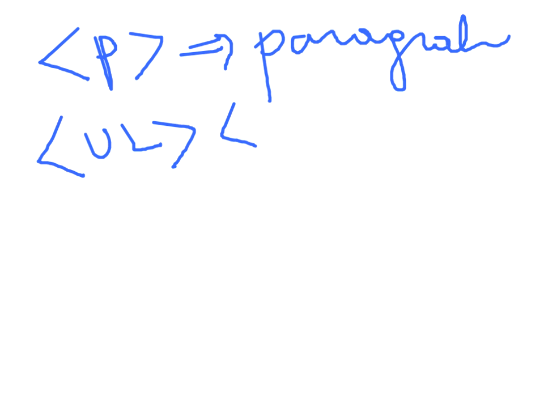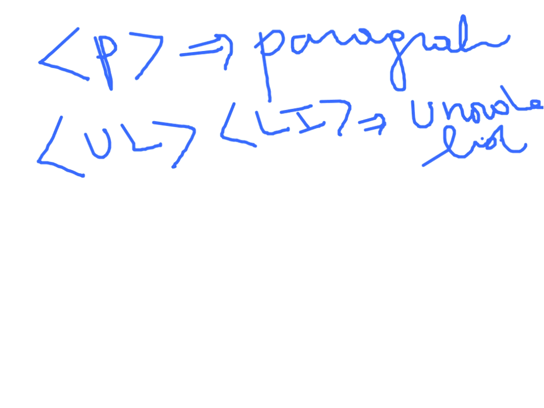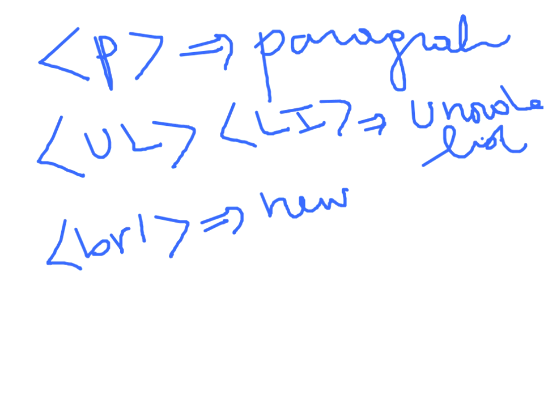So UL and LI mean unordered list. Very good. BR, new line.